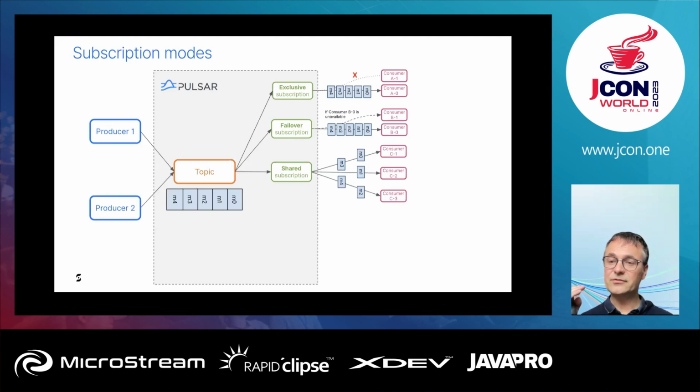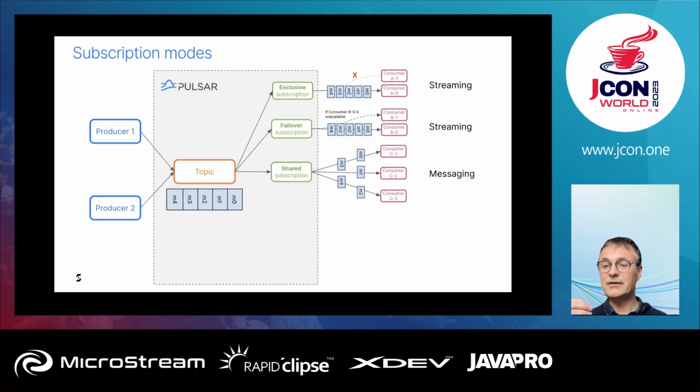However, it's important to note that in this mode, messages may be processed in a slightly different order than they were produced. This is why the shared mode is about messaging and not streaming. This mode works best when your consumers are workers that share the same task queue, and each message is an independent task to be performed.